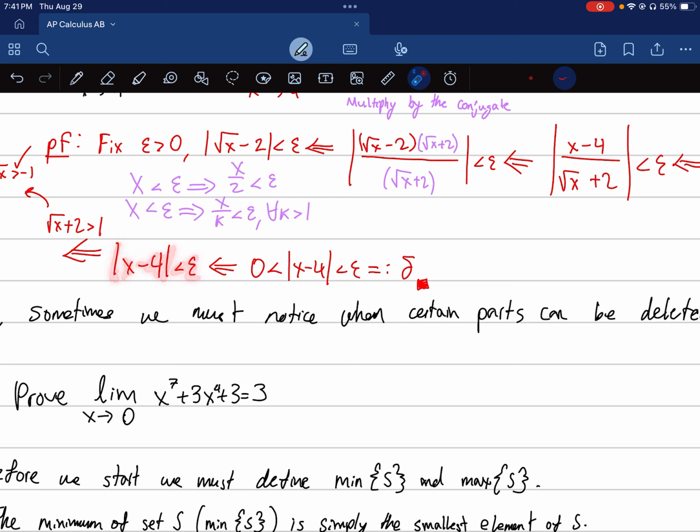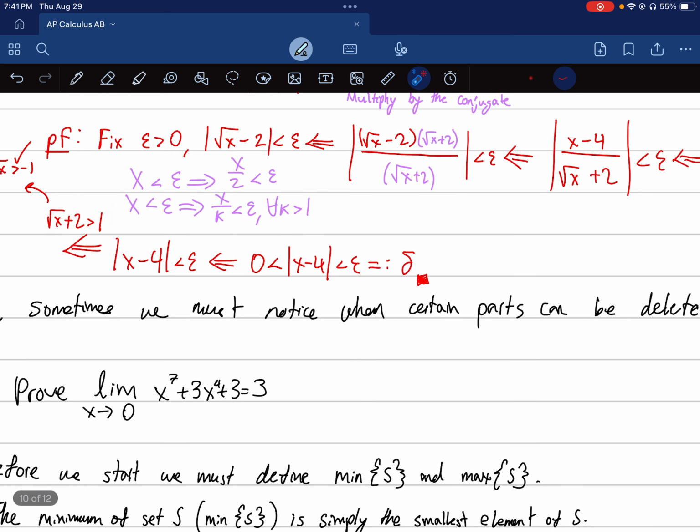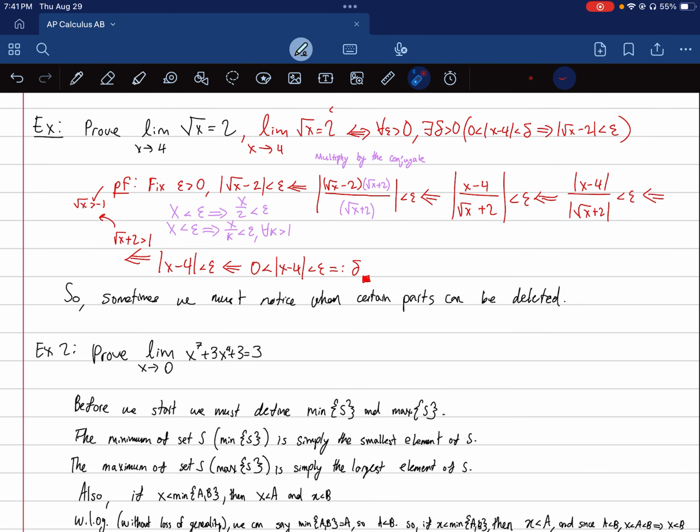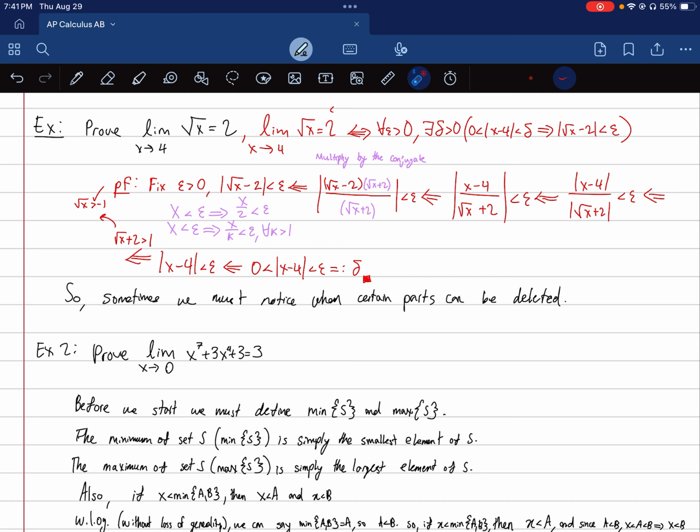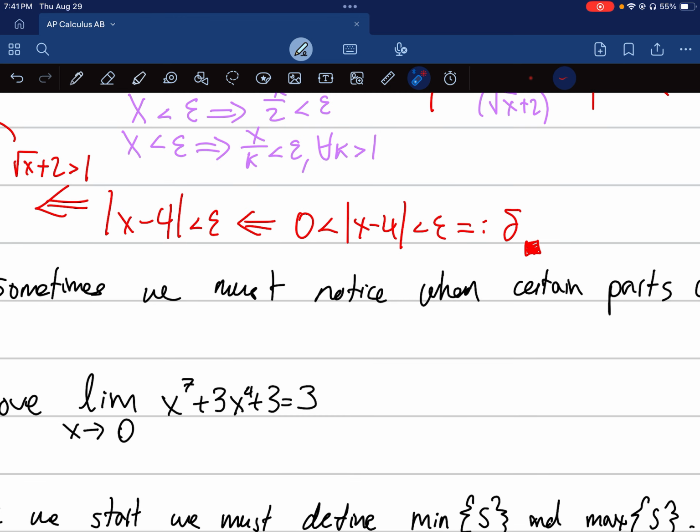Well, can't we also say that if we divide by a number greater than 1, in this case this is greater than 1, this is going to get even smaller, so it's going to be less than the absolute value of x minus 4 over this number greater than 1. We can divide it by any number because that's still going to hold true, as we just showed here. So for that reason, since we're going backwards, we can just delete it, right? And ignore it. Since it's greater than 1, we can just focus on here.